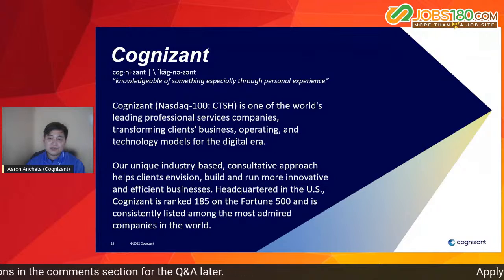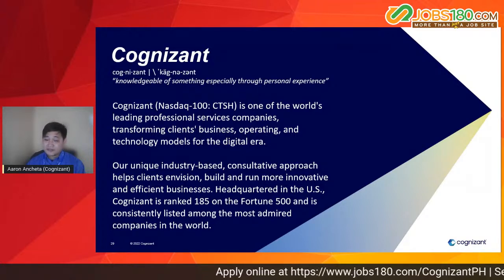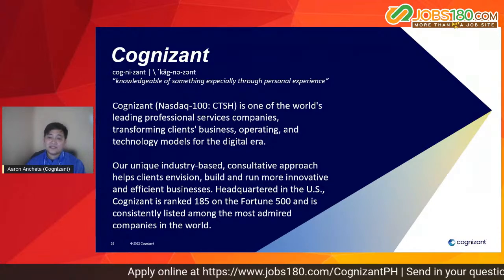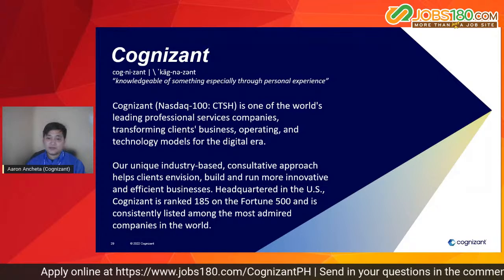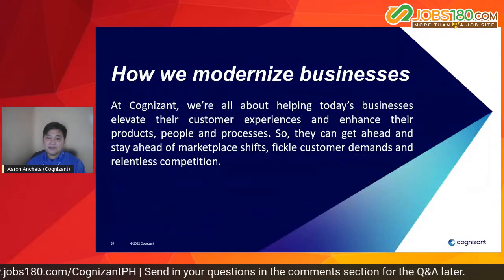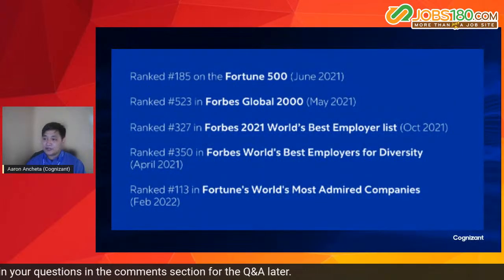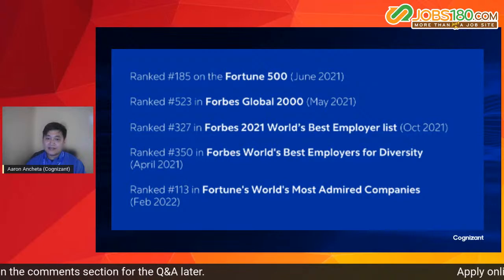Just to give you an introduction about our company, Cognizant is one of the world's leading professional services companies, transforming clients' business, operating, and technology models for the digital era. We innovate with a purpose, and we help businesses modernize their operations. And these are the scorecards from last year and the other year.